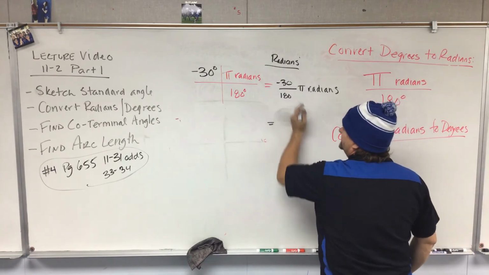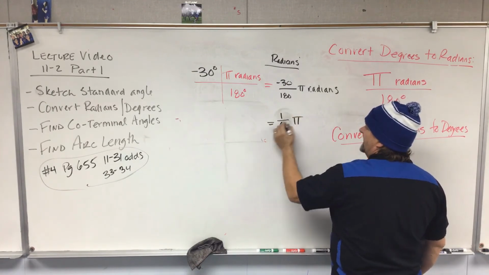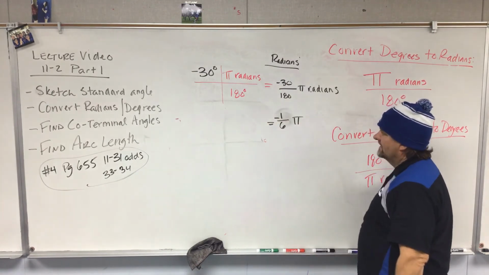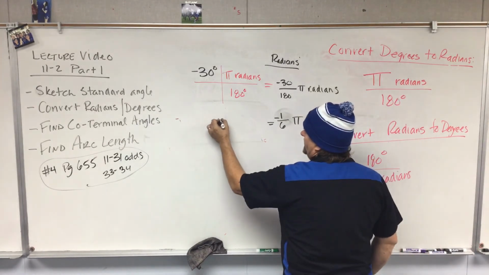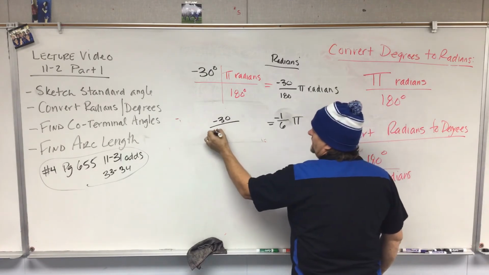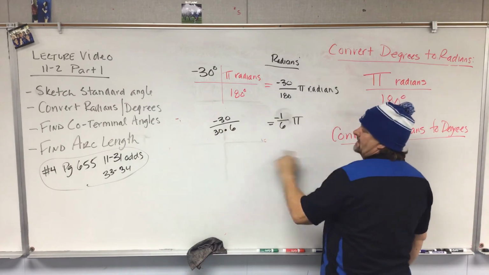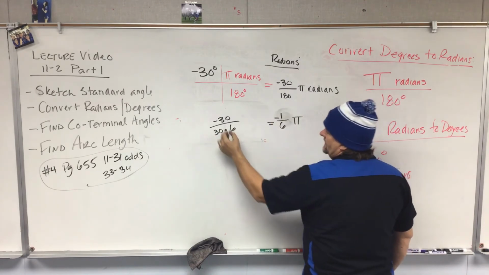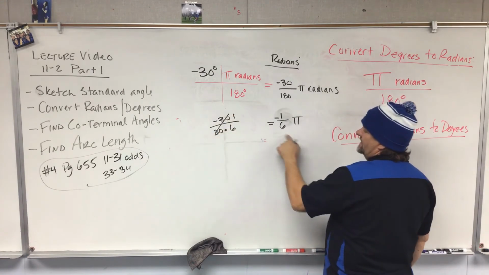Well, actually it converts to 1/6 of a pi. Negative 1/6 because of that negative. How did I get to negative 1/6 of a pi? Let's do that real quick. You have negative 30 over 180. 30 times 6 is how I can get 180. And then those simplify out, and I'm left with negative 1/6. That's how I got 1/6.